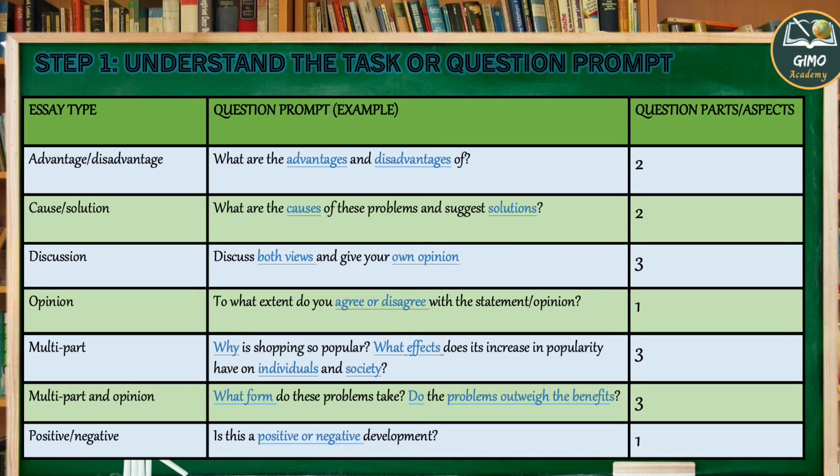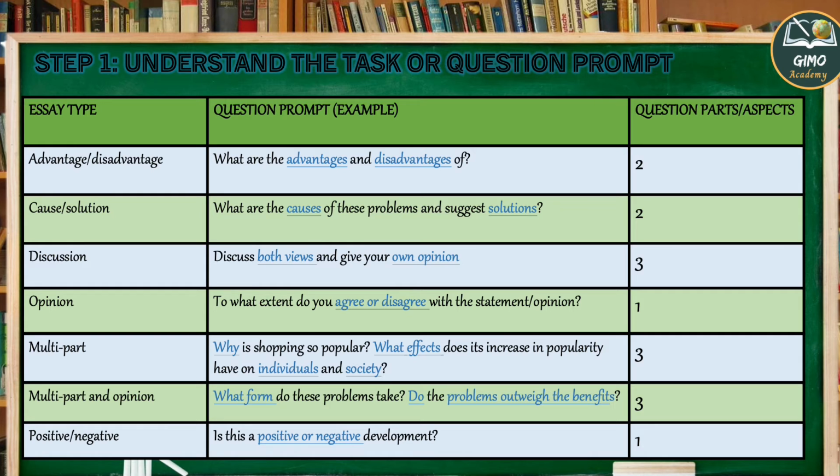Lastly, you also have the so-called positive or negative essay. This kind of essay only has one part. Let's read together the question prompt. Is this a positive or negative development? As you can see, you have to choose either the positive or negative side.